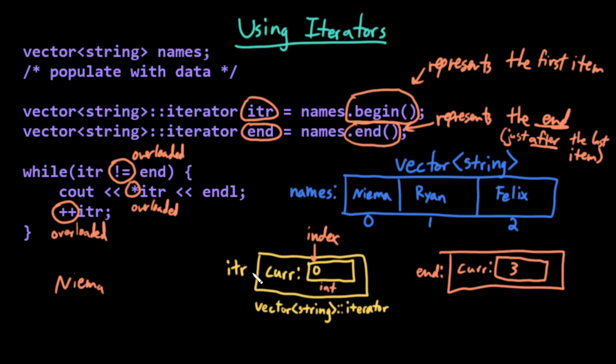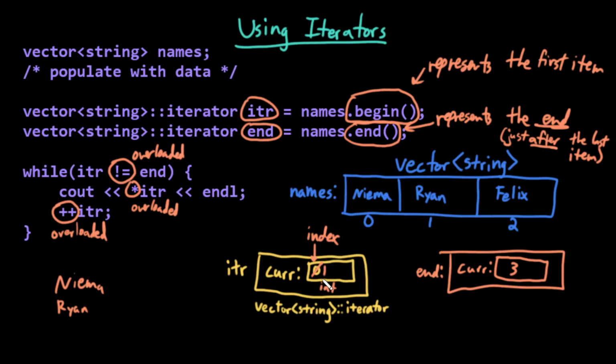I've overloaded my pre-increment operator to go to whatever the next element is. So for the case of this vector-based iterator, where current is being represented using an int to represent the index, I would just increment the index. So now the current index is 1. While iter is not equal to end, so again, 1 is not equal to 3, I enter. Dereference my iterator, so I get the item at index 1, which is Ryan.